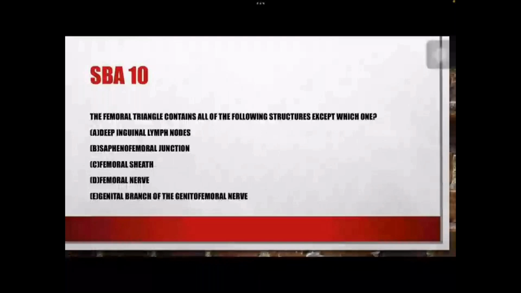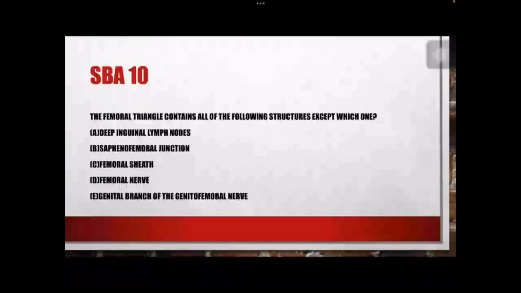Okay, so the next question is: the femoral triangle contains all of the following structures except which one? The options are deep inguinal lymph node, saphenofemoral junction, femoral sheath, femoral nerve, and E. genital branch of genitofemoral nerve. The answer is genital branch of genitofemoral nerve. Yes, it's correct.